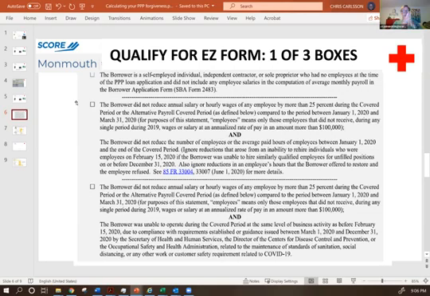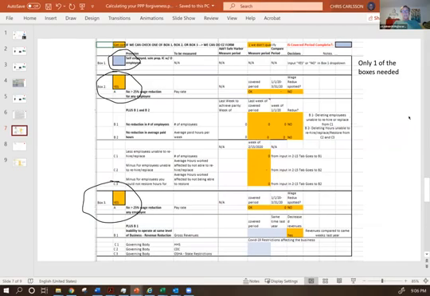If you can check one of these boxes, we can use the easy form. And as you can see, there's a lot of verbiage here. I'm not going to read it all. What we have done is actually to ferret this out in an easier and automated form.